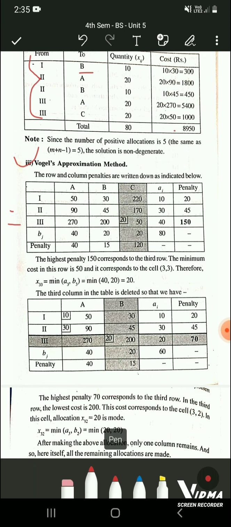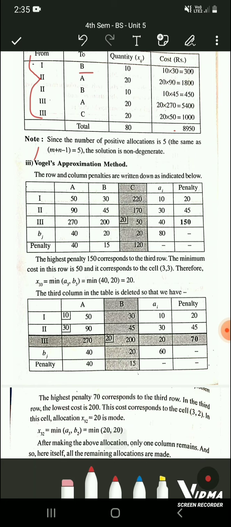Here the lowest value is 50, the next lowest value is 90, therefore penalty is 40. Here it is 30 and 45, difference is 15, and in the last one it is 50 and 170, therefore the penalty is 120.